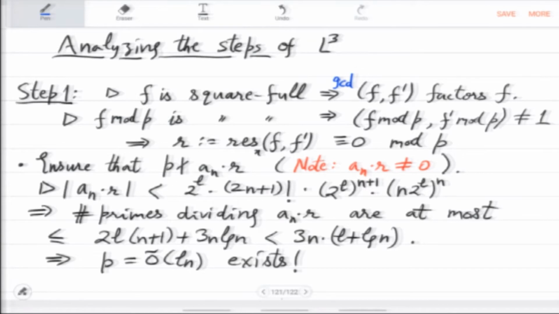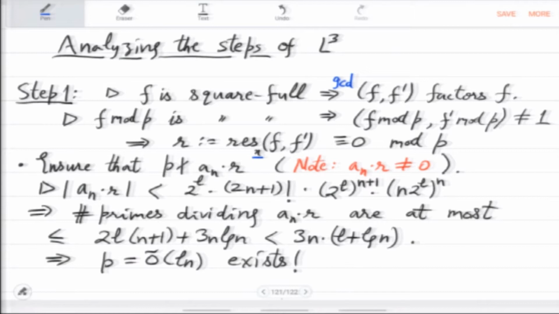Now it may happen that f is square free, but mod p it is square full. So if it is square full mod p, then the GCD of f and f prime mod p will be non-trivial, which implies that the resultant of f and f prime, which is now a number, right, when you take the resultant with respect to x, you eliminate x and are left with an integer, and that integer will be divisible by p, it's 0 mod p.